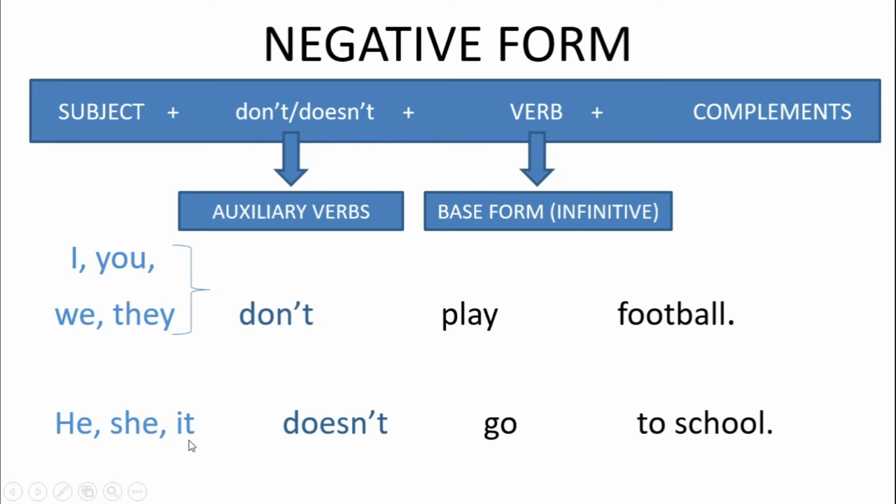He, she, it. Again, these words perform the function of the subject. Doesn't is an auxiliary verb. Go is the verb in its base form or infinitive, and to school is the complement.